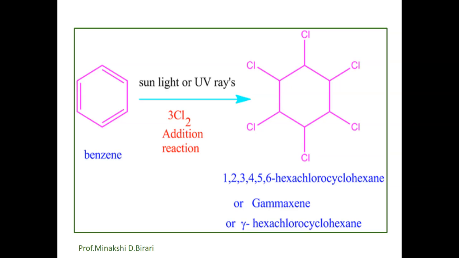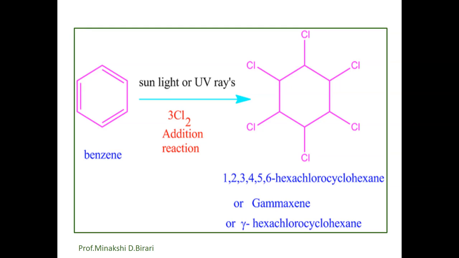The synthesis of BHC can be carried out in a batch process or in a continuous process. In the batch process, the reaction between benzene and chlorine is carried out in a lead-lined vessel, which is provided with a cooling arrangement.